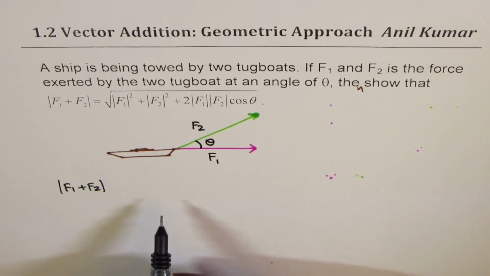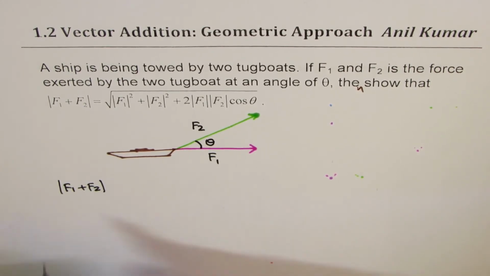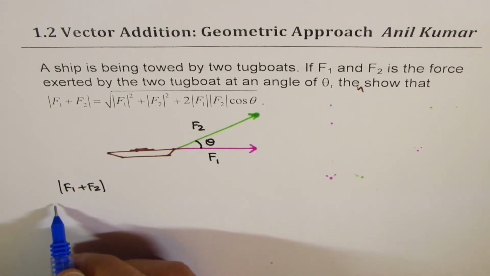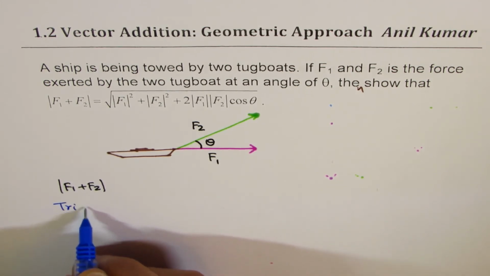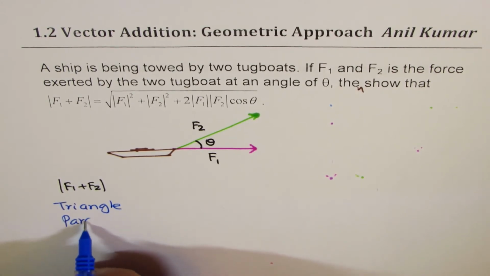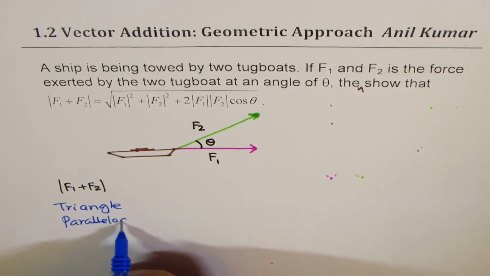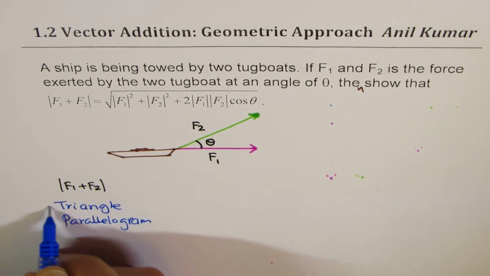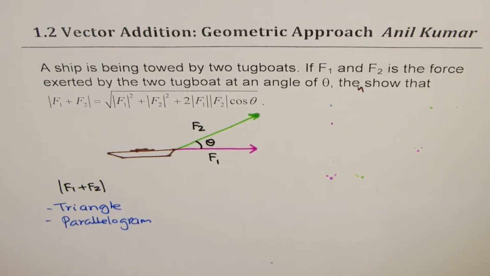So from our learnings, we could use either of the two things which we learned. One, we used triangular law, right? And one parallelogram, right? So we could use our triangle or parallelogram. Either one of those methods can give us the answer.